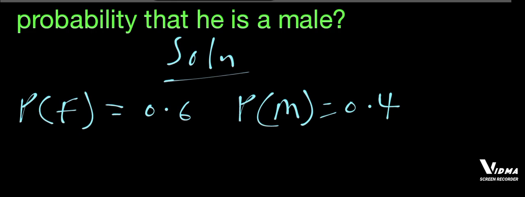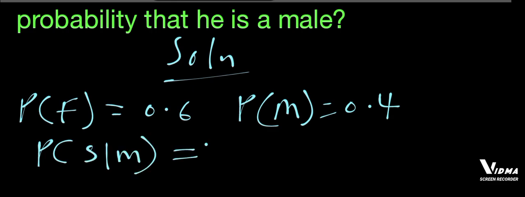It said all males have short hair. So it means that the probability that you have short hair, if you are a male, is 1, because all the males have short hair. So this is how I write it: the probability of having short hair, given that the person is a male, is 1.